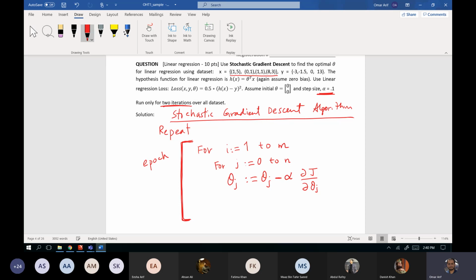So one epoch basically means that you have run this through the whole training data once. So this repeat is for 2 epochs, meaning you go through the whole training set 2 times, or 3 times and so on. The other thing is, if the question was batch gradient descent, in that case you would not have this loop here. Instead, this loop would be basically here.